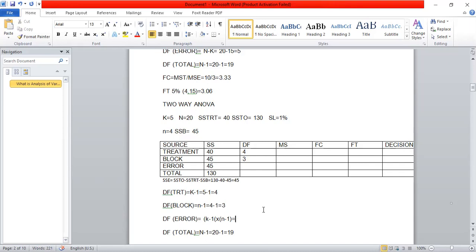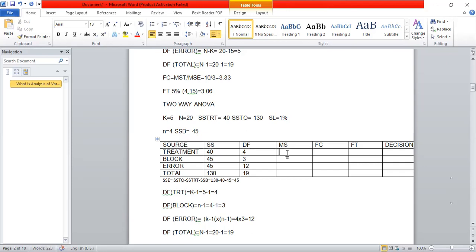So 4 times 3, which gives us 12. So we're going to put 12 here. Okay. Then what do we get? The sum of square total. Degree of freedom for total. Is it 19? Yes, we total them up. We get 19 or N minus 1.